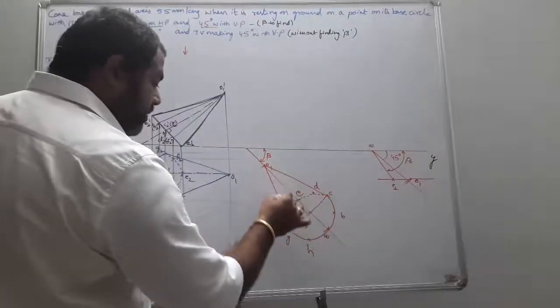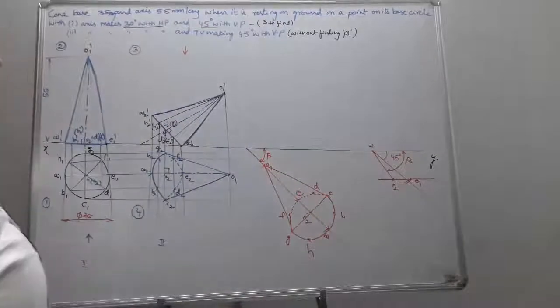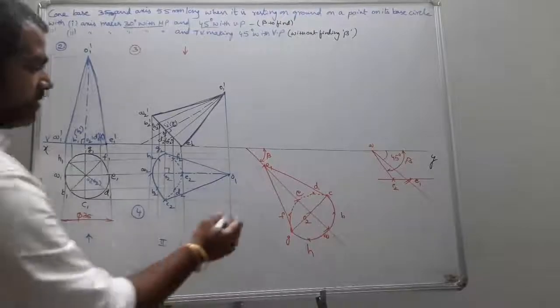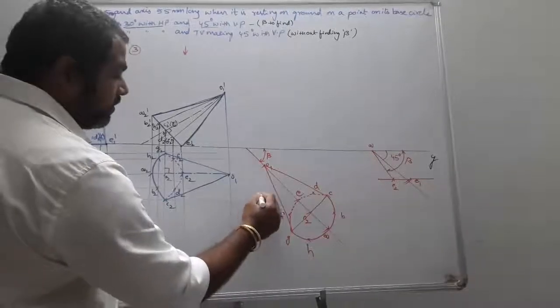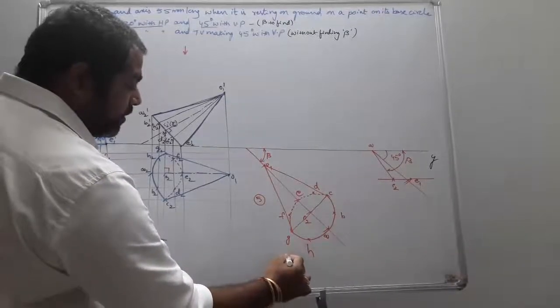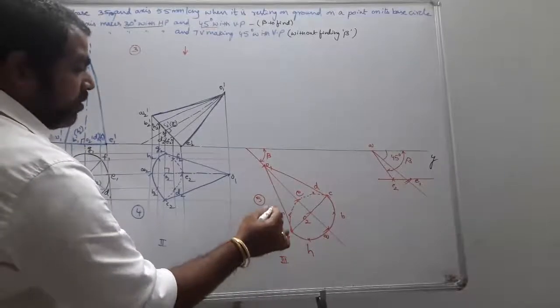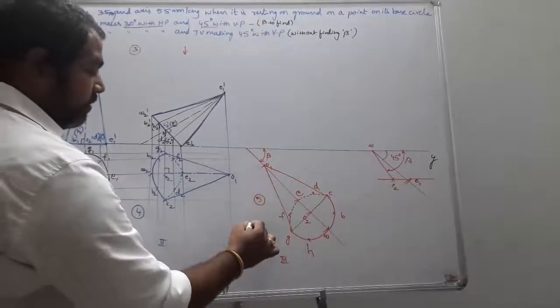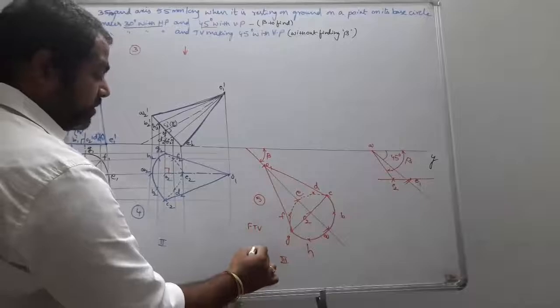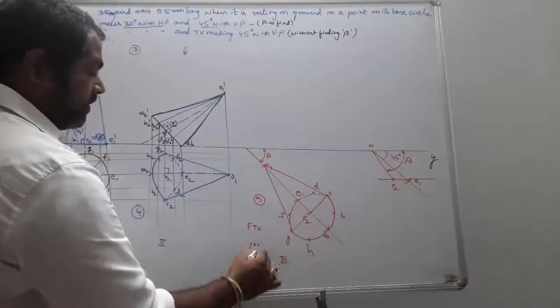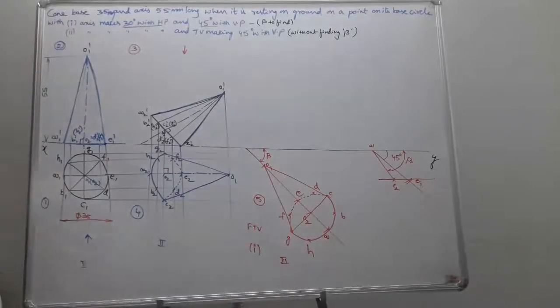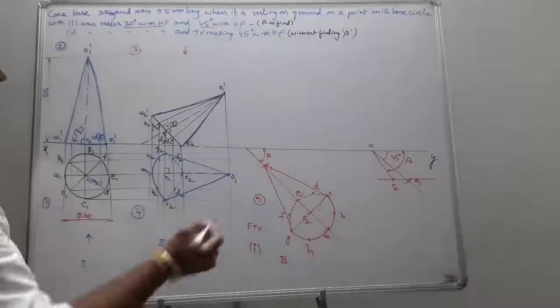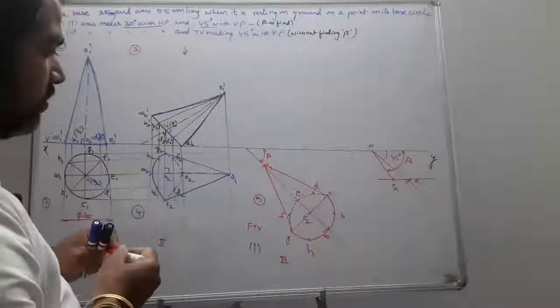So this becomes my fifth step. So this is step 5 and it is stage 3. So this becomes one of the final top views. So this is first bit 1. Okay, final top view.